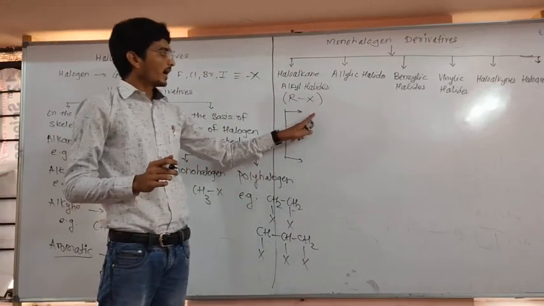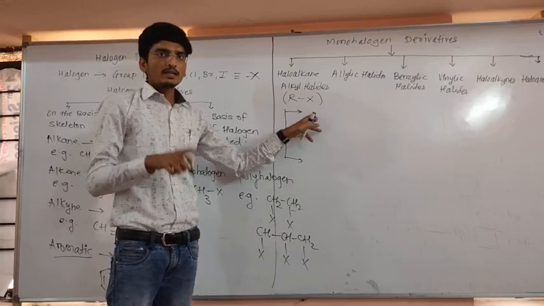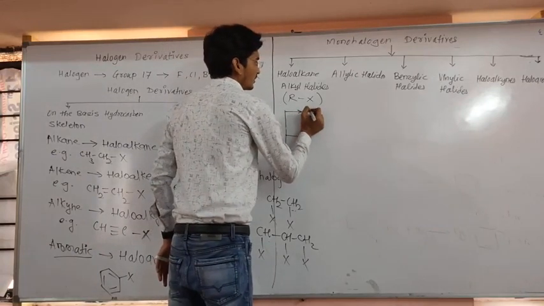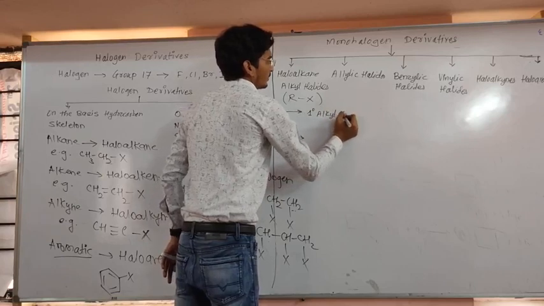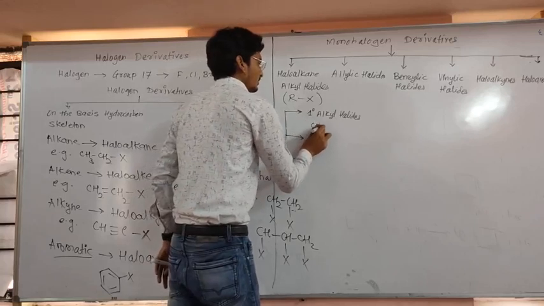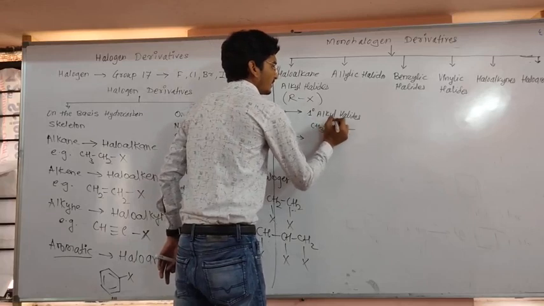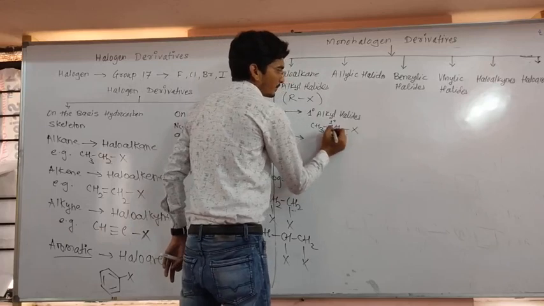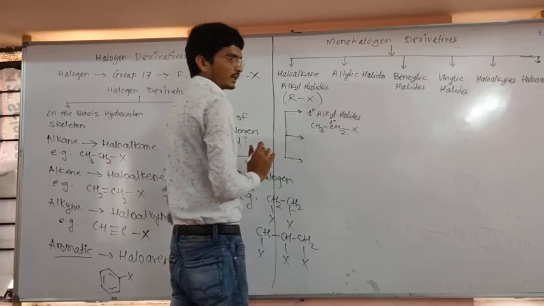If the halogen atom is attached with the primary carbon of the alkyl group, then it is called primary alkyl halides. So what is meant by primary alkyl halides? Suppose this is the ethyl group, and this carbon is a primary carbon, but the halogen atom is attached with the primary carbon of the alkyl group, then it is called primary alkyl halides.